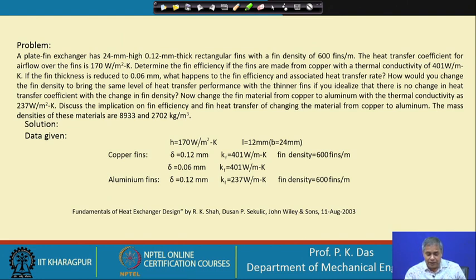Length is given, then for copper fins the thickness is given, then conductivity of the fin k f is given, density of fins per meter is given, and for the copper fin we are considering two cases, one is 0.12 millimeter and another is 0.06 millimeter thickness. So, all the data are given. Okay. Now, let us go to the next diagram.